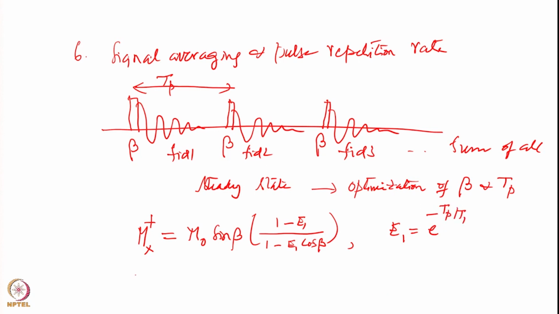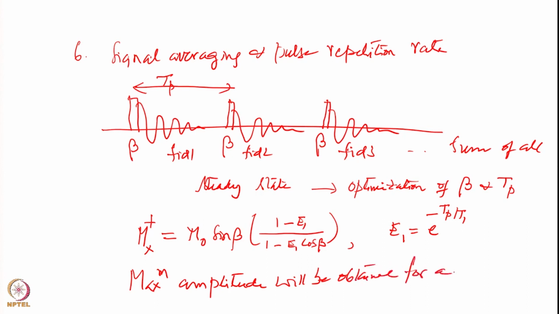So, you get maximum amplitude for a flip angle called beta optimum. And what is beta optimum?